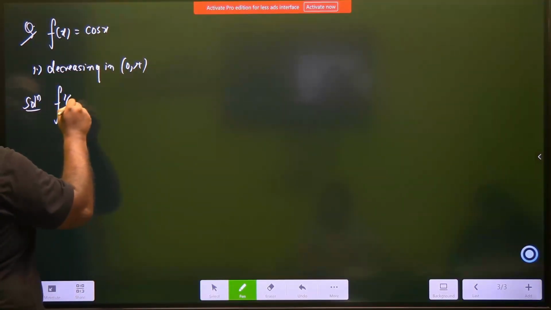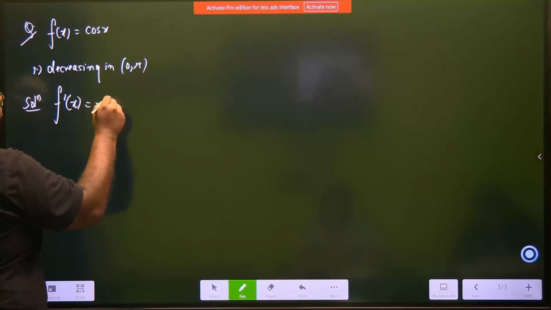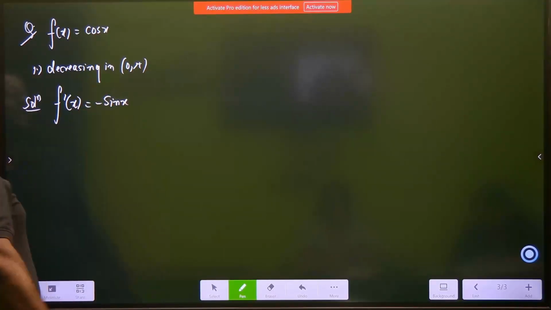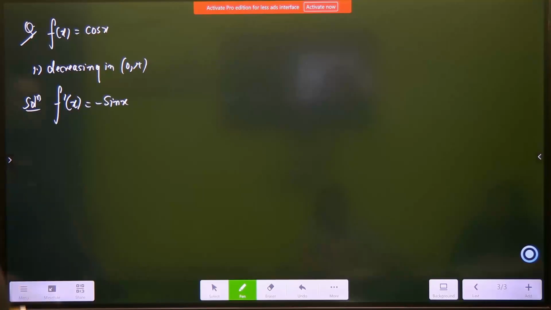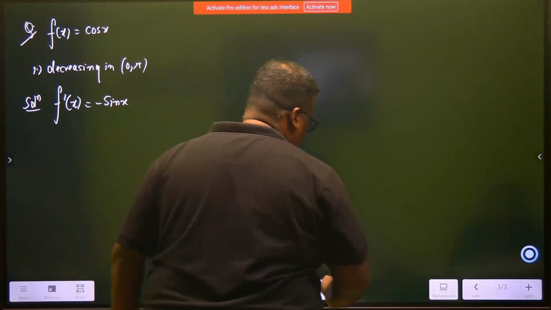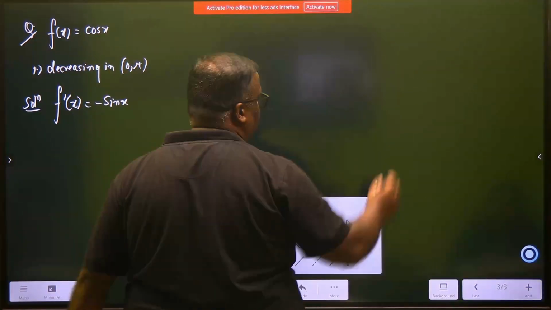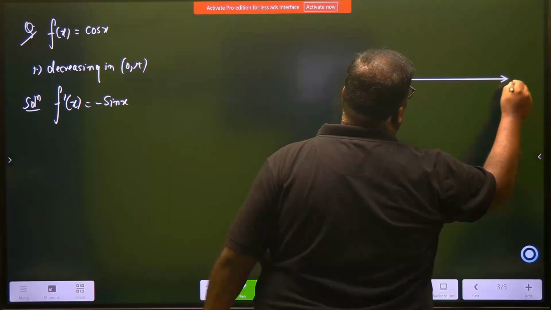What is f dash x? Negative of sine x. Now let's look at the sine x curve between 0 and pi.